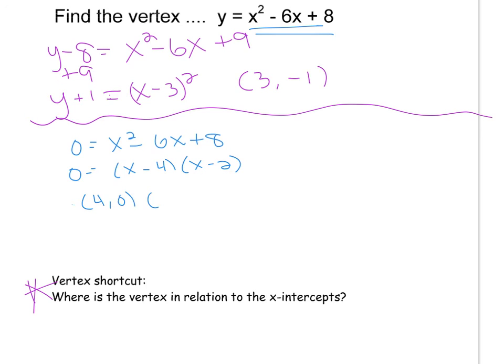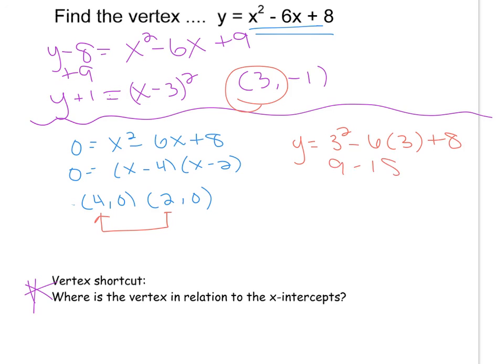(4, 0) and (2, 0). So the x value that is equidistant between 4 and 2 is 3. Once you know that your x is 3, if you were to sub into your original, (9 minus 18 plus 8), negative 1.